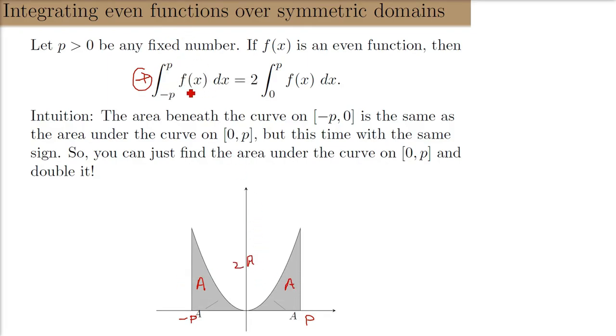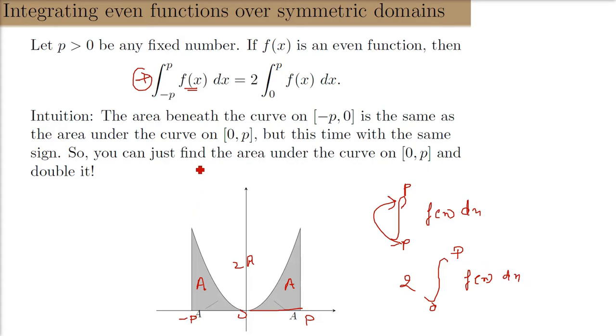Same thing will be used here: if you have an even function, the integration from negative p to p of f(x) dx will give you twice the integration from 0 to p of f(x) dx. This also we are going to use in the Fourier series most of the time.